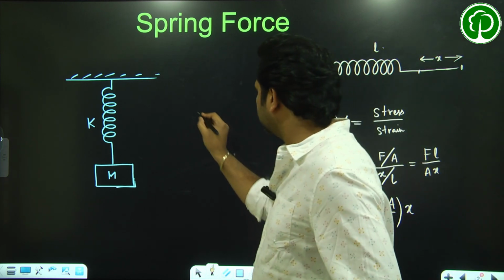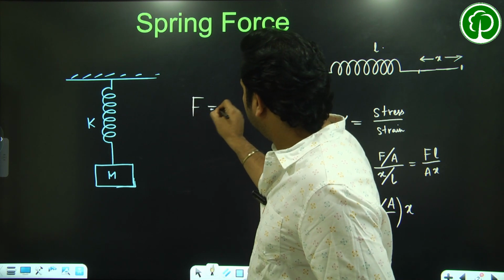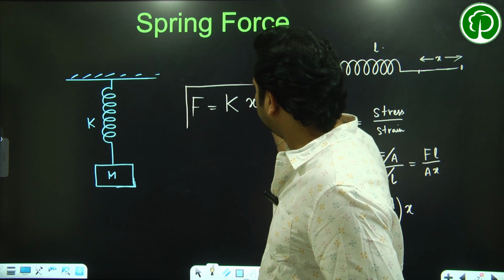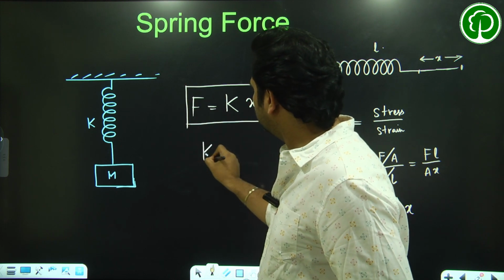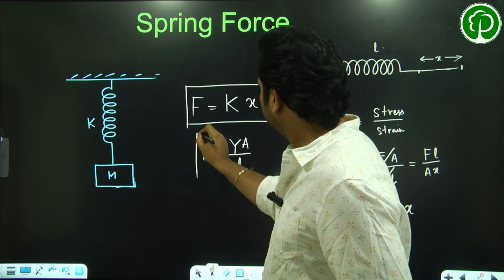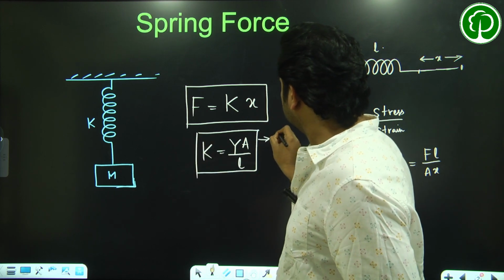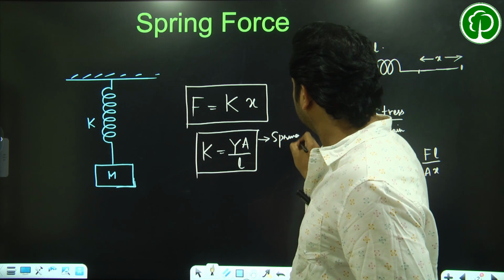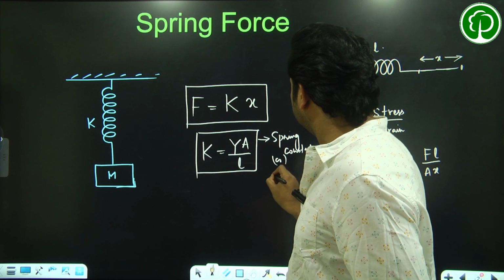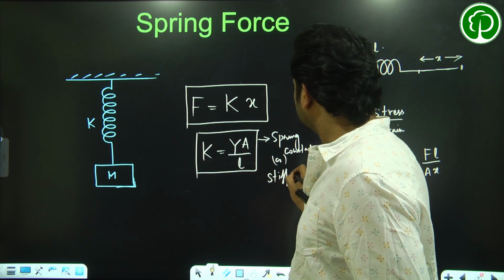So all these constants, YA by L, I'll replace with a single constant K and I'll write it as F equals K into x, where K is Young's modulus into area of cross section by L, which is known as spring constant, or it is also known as stiffness constant.